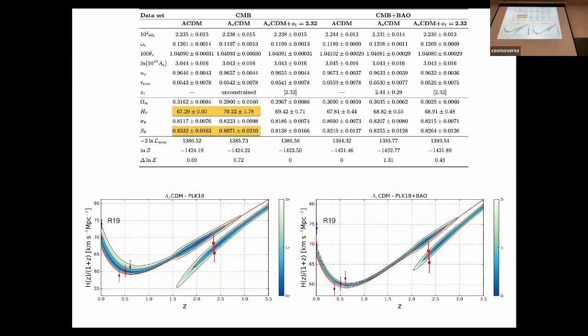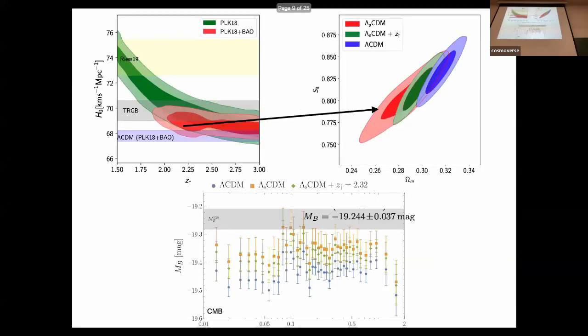But you see, the model is able to give values from SH0ES, okay? So the point is this: there is degeneracy between H0 and Z dagger. This is from the analyses. So we need to break that degeneracy, and we are doing it by using BAO data.